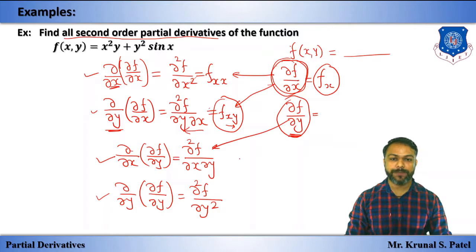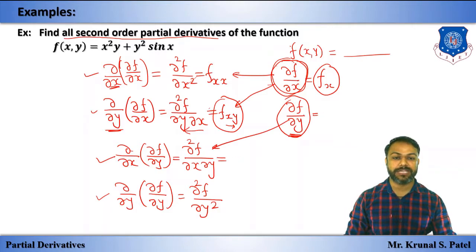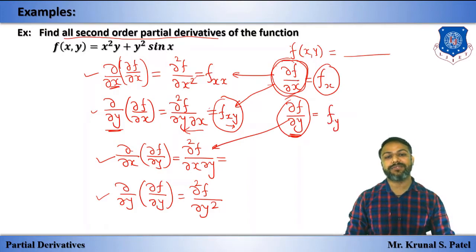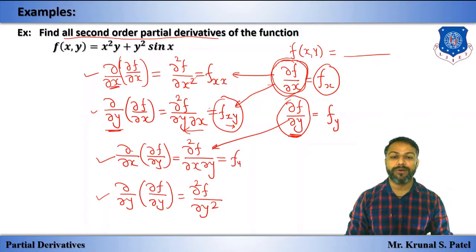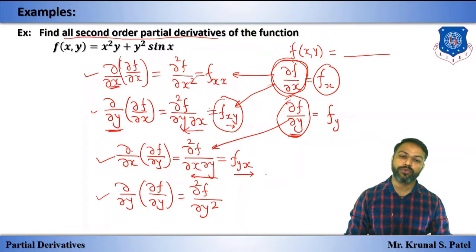Okay, that means in this form you have to go in this direction, x and y. Similar way, if we differentiate this f with respect to y, we will write f y, and this fy is differentiable with respect to x, so f yx. So in this notation, first we differentiate with respect to y, then x. In this form you have to start from right to left, and in this form from left to right.